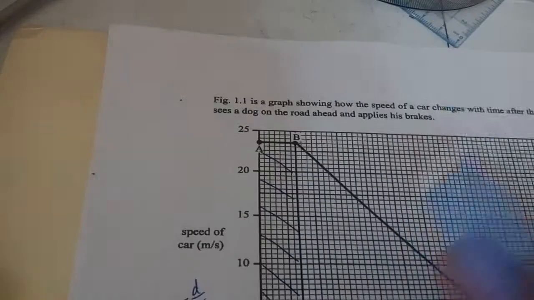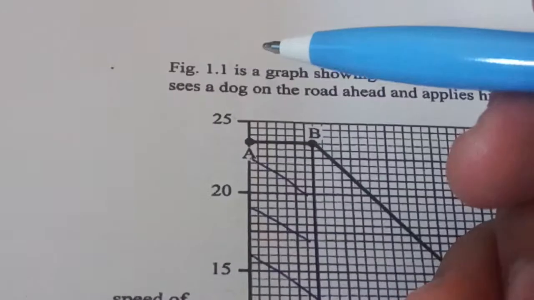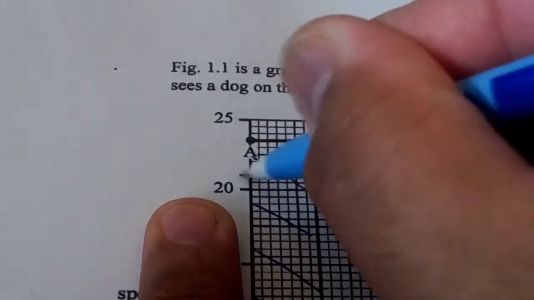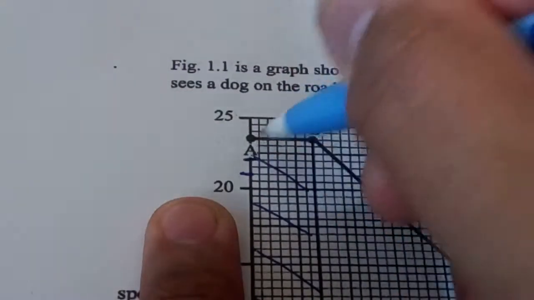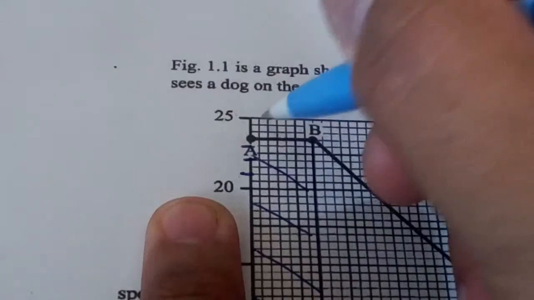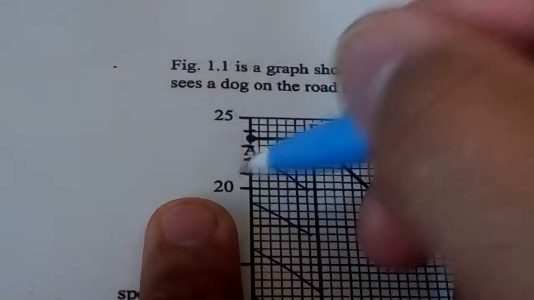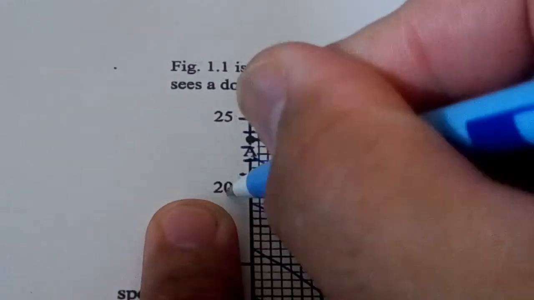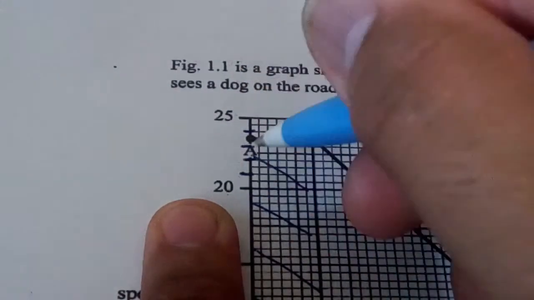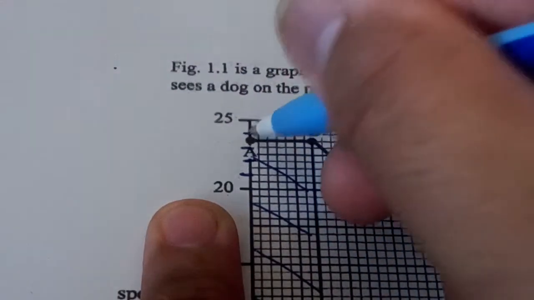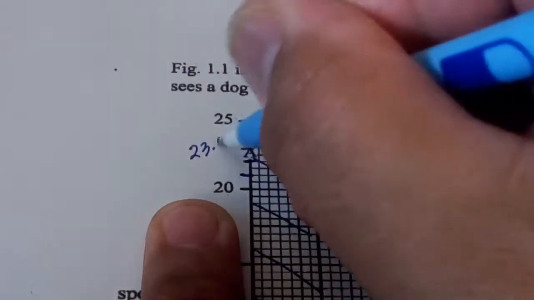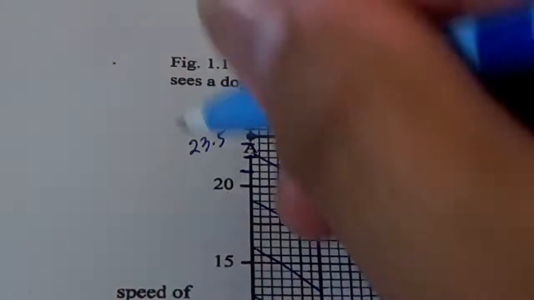So let's measure the length here. This would be 2, 4, 6, 8. Since this is 20 to 25, this would be 21, 22, 23, 24. So point A here is at 23.5 meters per second.